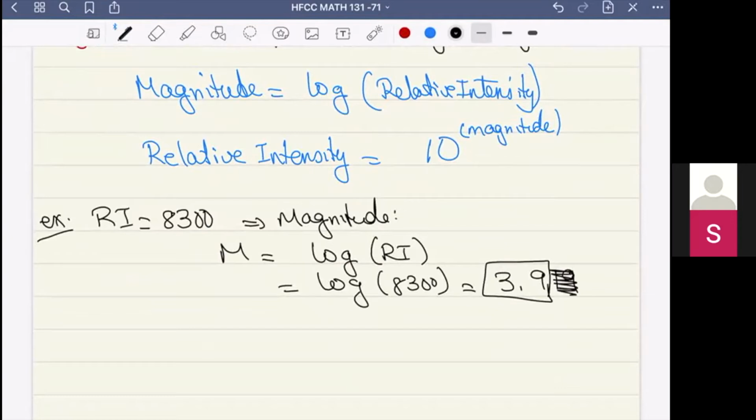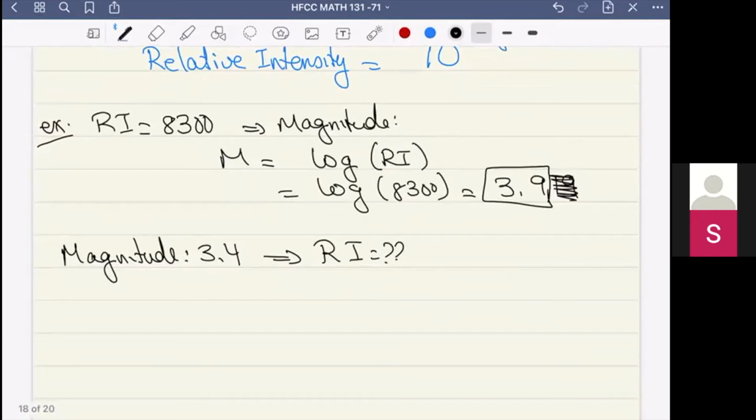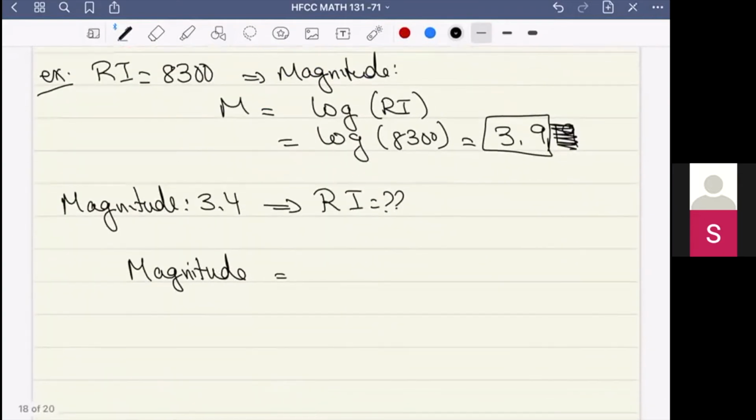If I were to give you the magnitude, let's say the magnitude was 3.4, find me the relative intensity. Well, okay, what's the formula? The magnitude equals the log of the relative intensity.